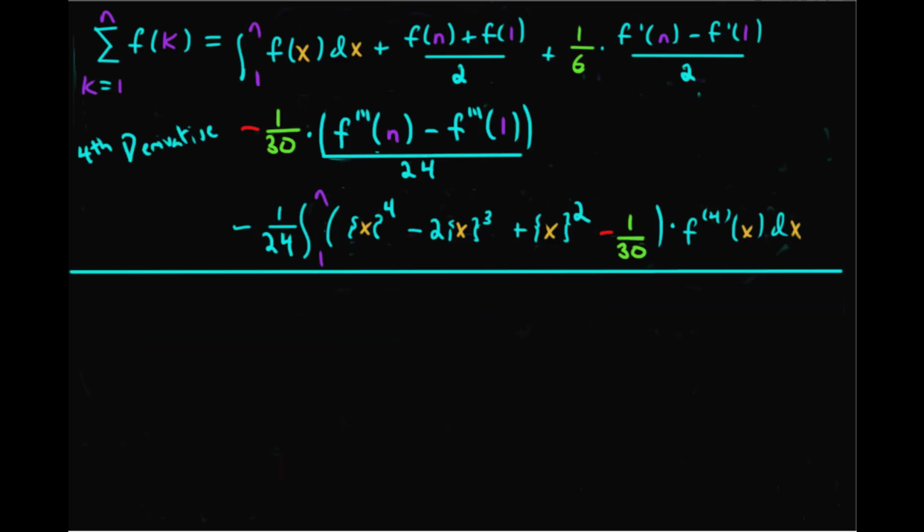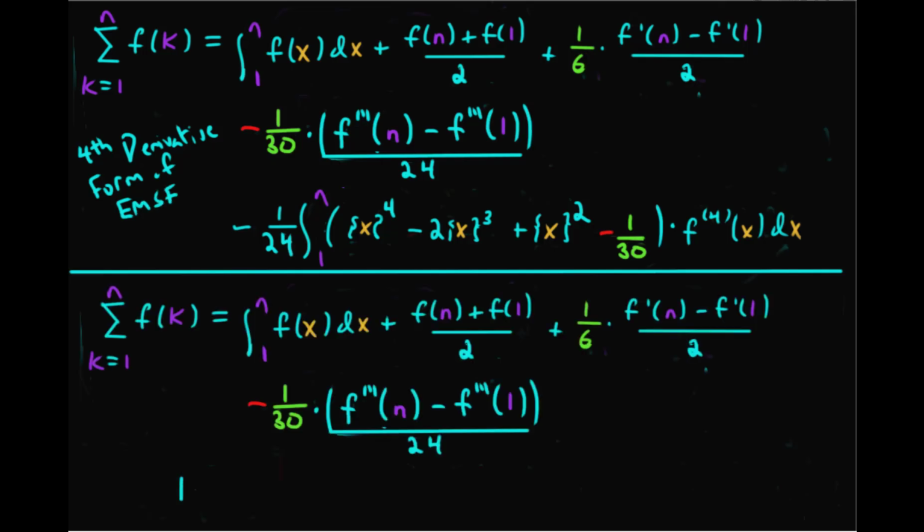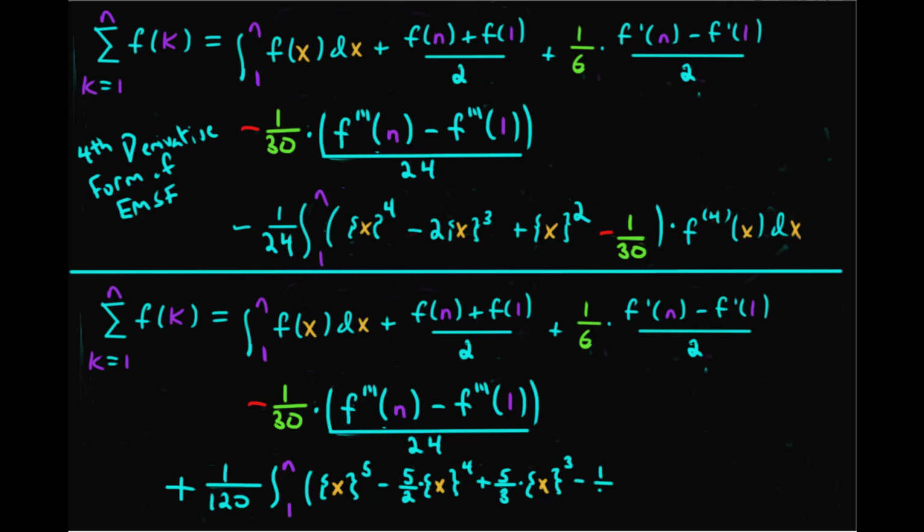We end up with the summation of the values of the function equaling the same first four terms plus a new integral, plus 1 over 120 times the integral from 1 to n of, open parenthesis, fractional part of x to the fifth minus 5 over 2 times the fractional part of x to the fourth plus 5 over 3 times the fractional part of x cubed minus 1/6 times the fractional part of x, close parenthesis, times the fifth derivative of f of x dx.